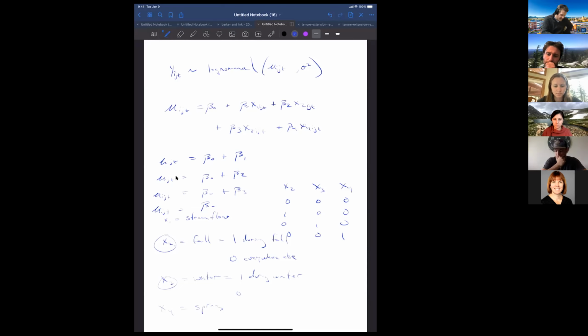So when we're actually trying to calculate mu, our expected value, it's going to depend on the stream flow. Oh, I see what I did wrong. This should be beta 1 times stream flow, plus beta 2. So stream flow is always in there.